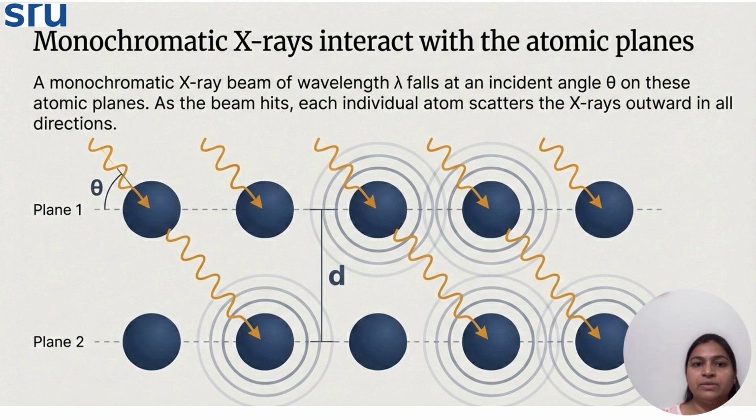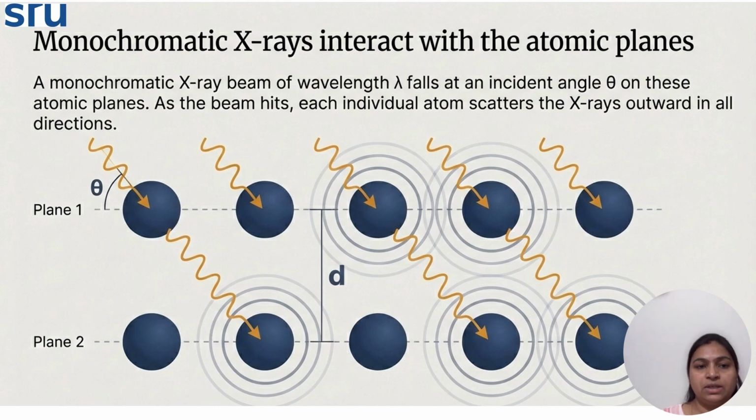As the beam hits, each individual atom scatters the X-ray outward in all directions. One more consideration is that one ray reflects from the top plane, and another ray penetrates deeper and reflects from the lower plane.